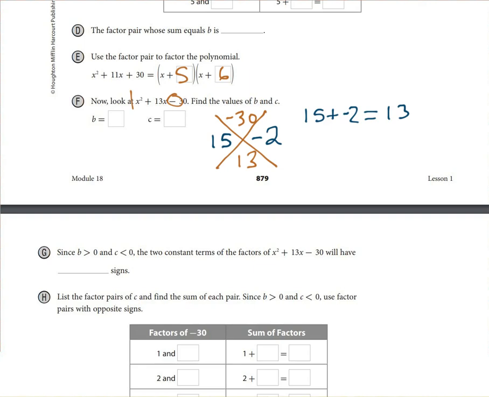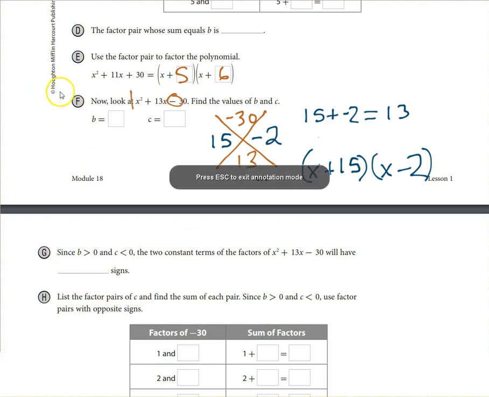But if we just find those two numbers that multiply to the top number and add to the bottom number in the x, then we can determine what the factors of this trinomial are, which in this case is x plus 15 and x minus 2. And that's how you would factor that trinomial.